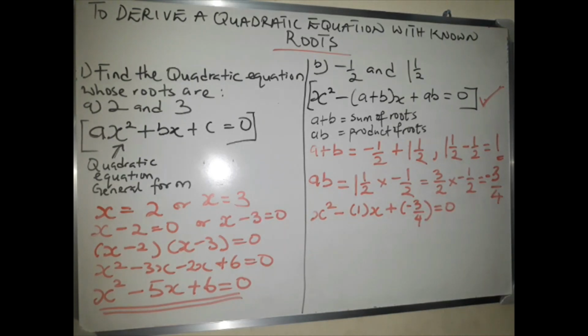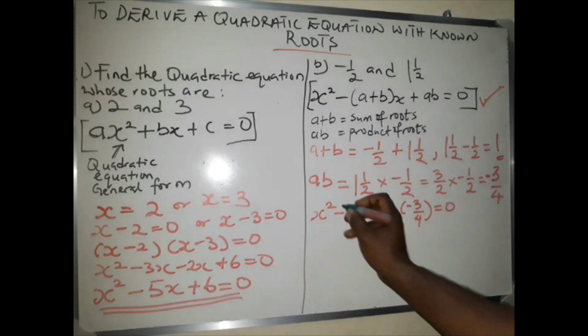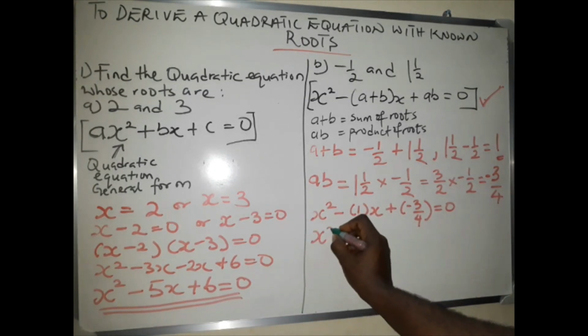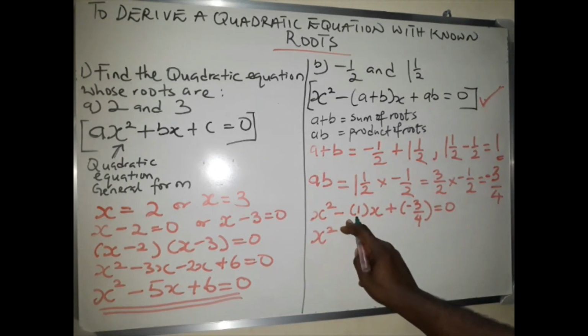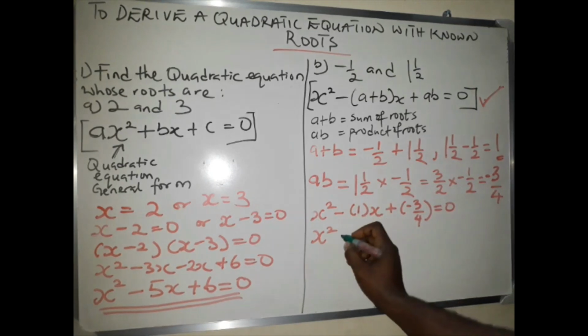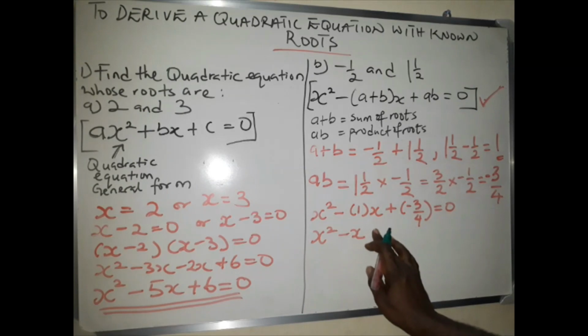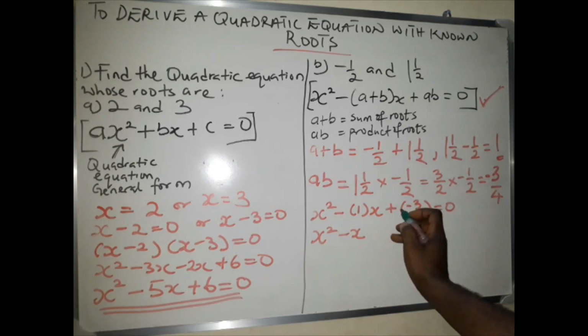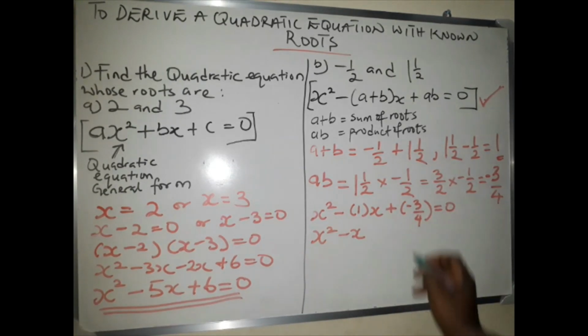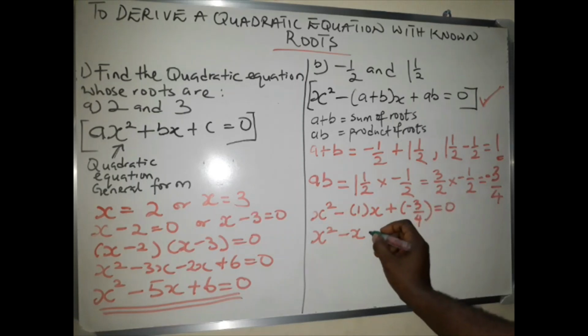So now what do you do again? What you're going to do now, anywhere that you need to simplify, you simplify or expand. So in this case now we have x squared minus 1 times x is going to give you minus x, plus, we have plus times minus 3/4. So plus times minus is equal to what?